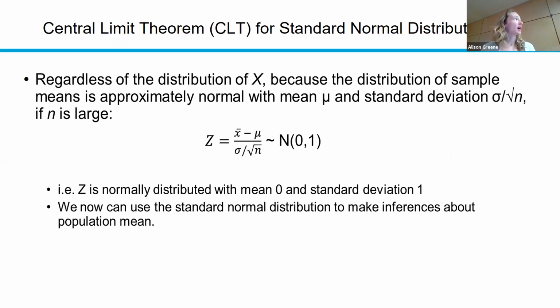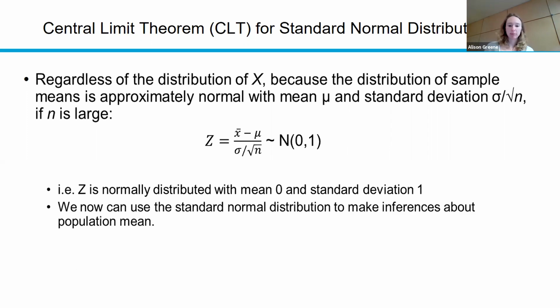And so with this in mind, we can take our assumed normal distribution from a sample statistic, and we can convert it to a standard normal distribution. This is a normal distribution with mean 0 and standard deviation 1.